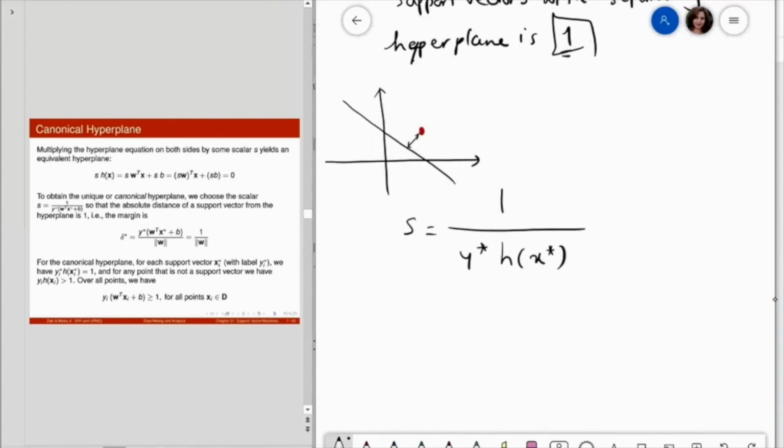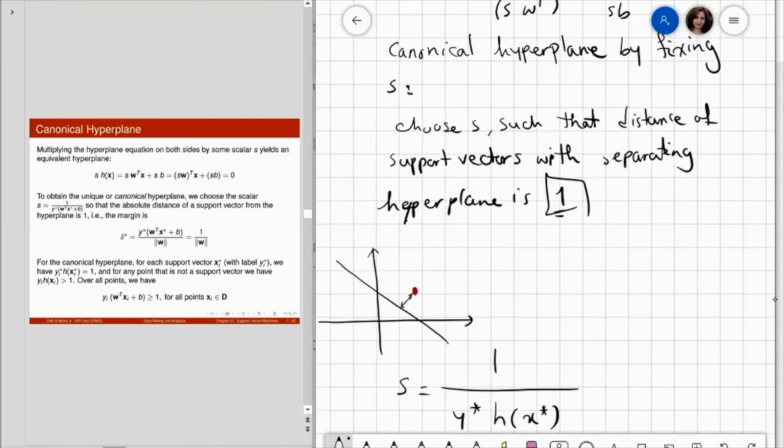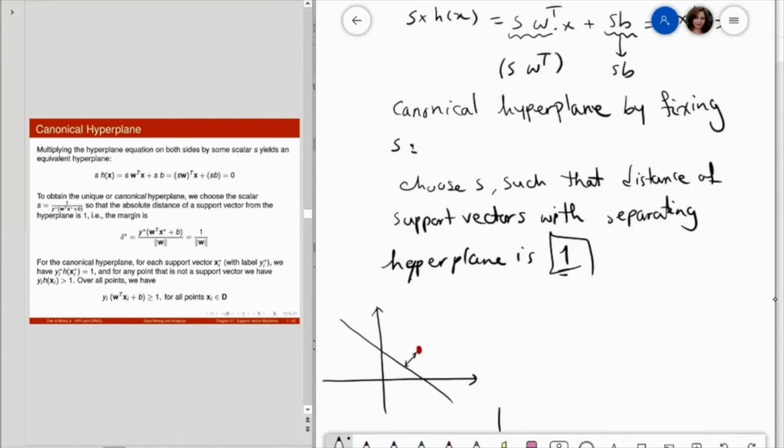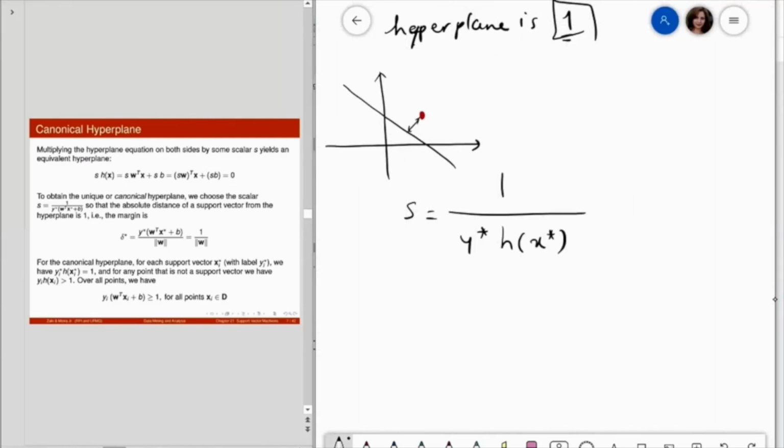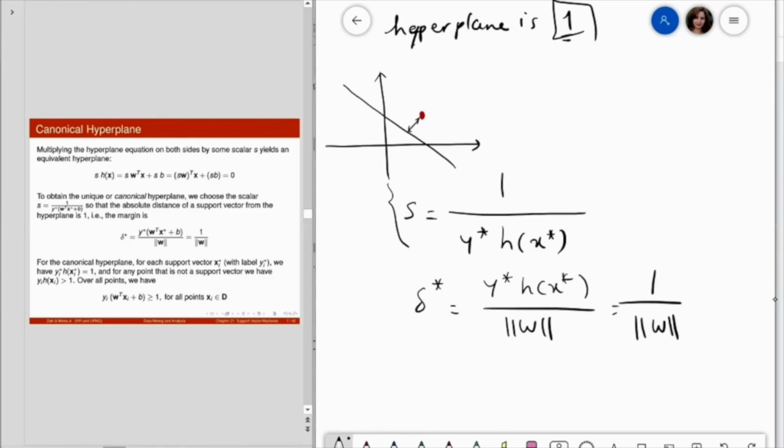then what I'm going to have is that I will fix this h of x in a way that the margin is going to be equal to, again, we know the margin is actually equal to y star h of x star divided by norm of w. And if I choose S like this, then I'm going to have this as equal to 1 over norm of w.